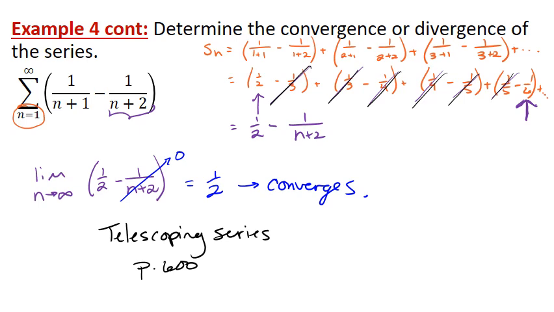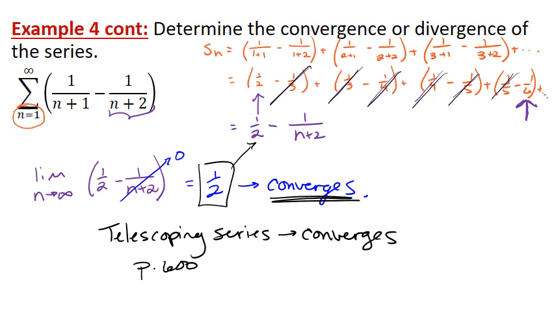But basically, a telescoping series converges if this sum is equal to this. Our sum is, in fact, equal to that first term, so it converges. So something a little bit different.